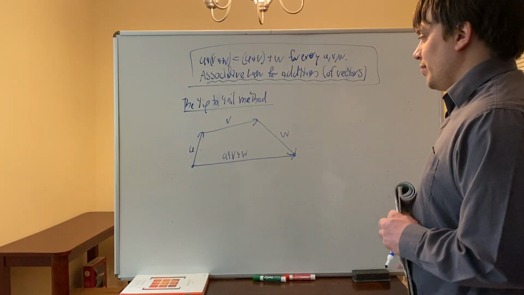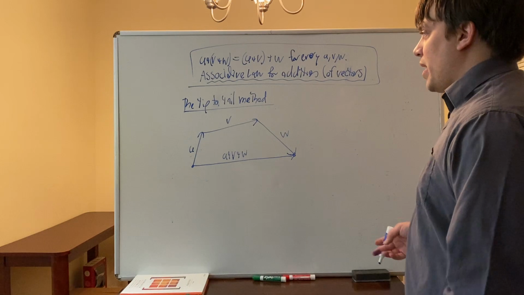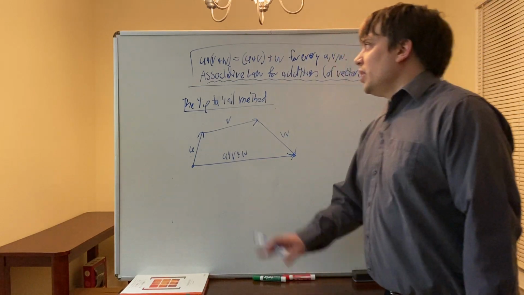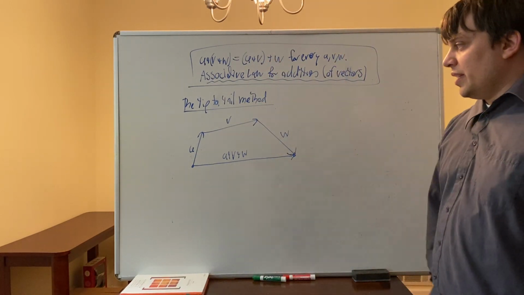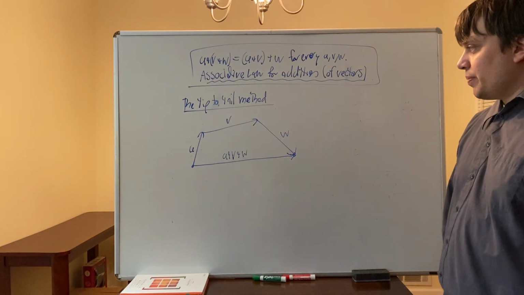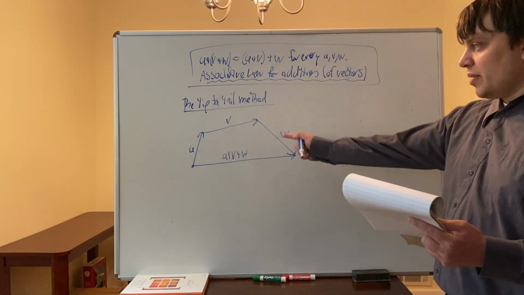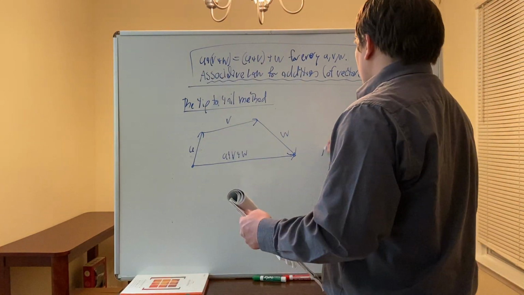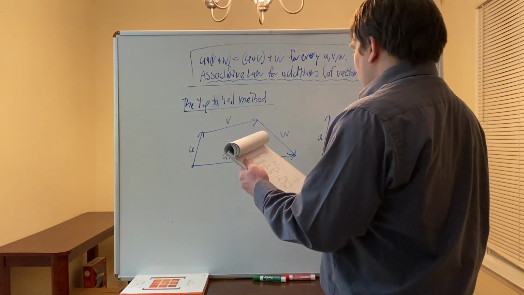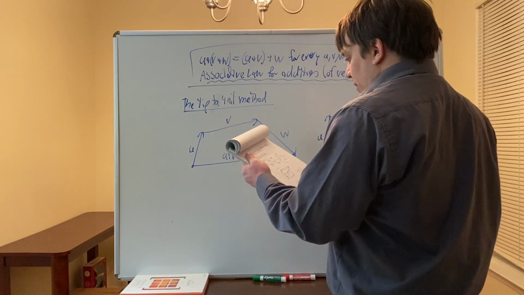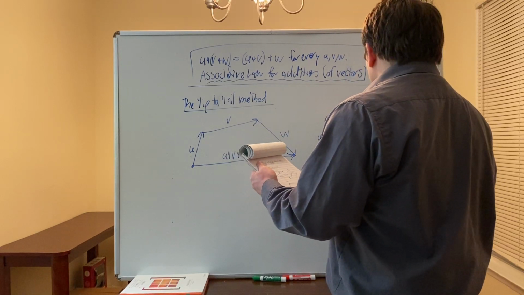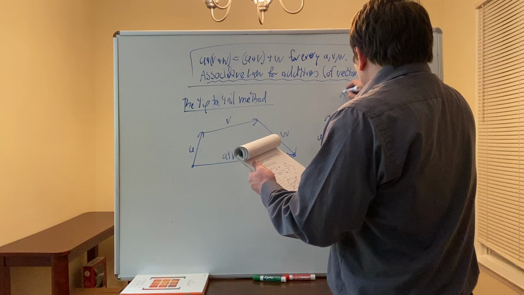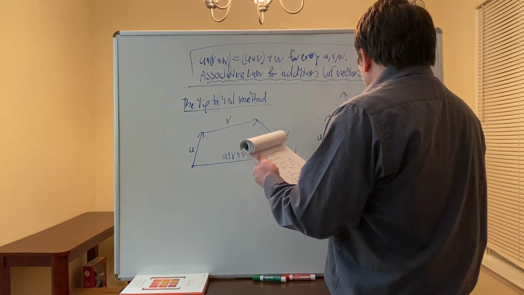And the order doesn't matter. If we change the order, by the associative law we would get the exact same vector u plus v plus w. That's the tip-to-tail method applied to 3 vectors, but you can apply it to any number of vectors. For instance, here we have a vector u, then you add the vector v like that, then you add the vector w there, and then you add the vector x here.